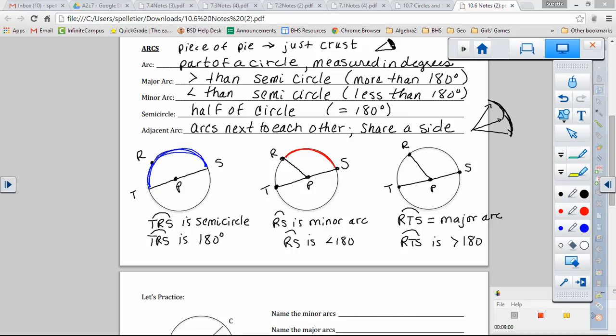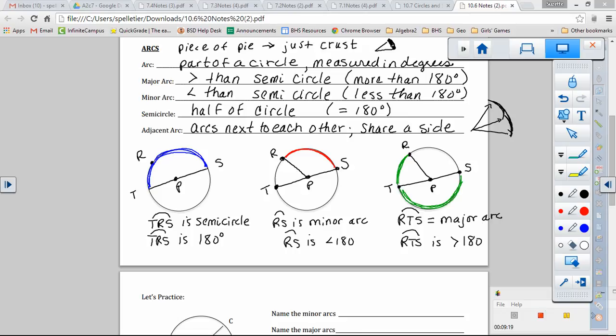So RTS, you have to follow the letters in order, right? So they said R, T, and S. From R to T to S, if we go in that direction, we end up with more than half the circle. That's a major arc.